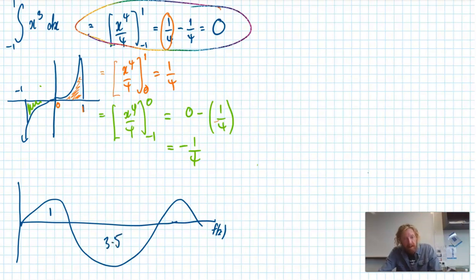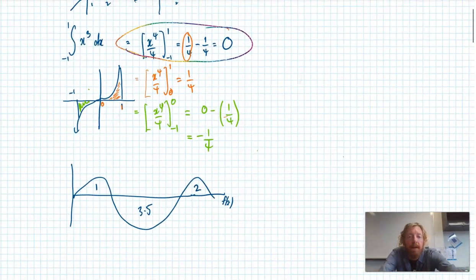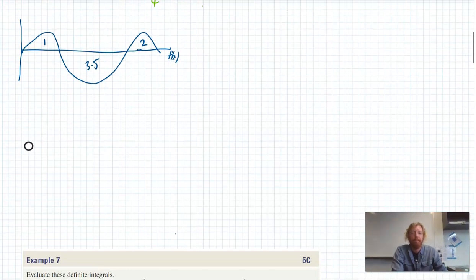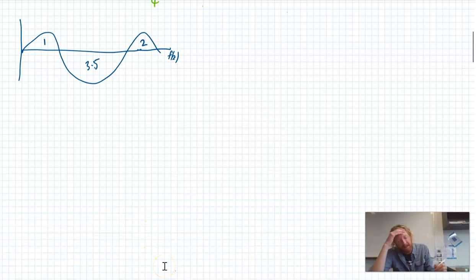And this guy here has an area of 2. In a general case, think about that. If I want to do the integral, let's say this is from 0 to a.